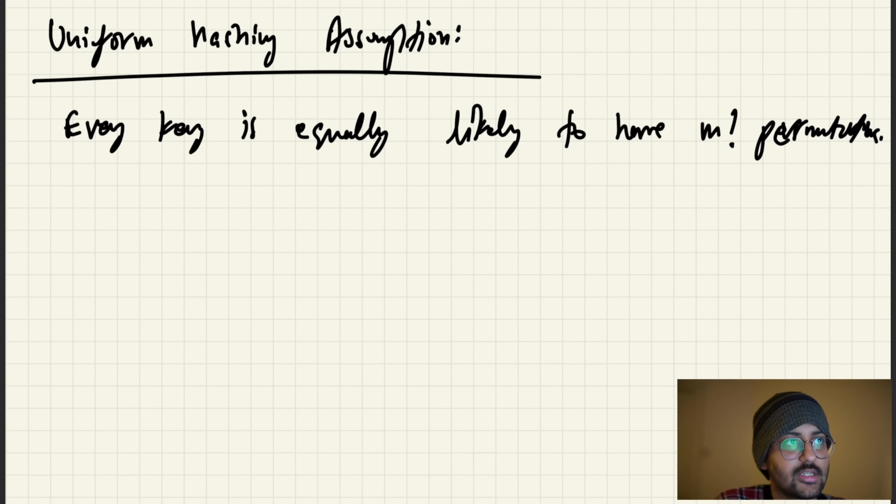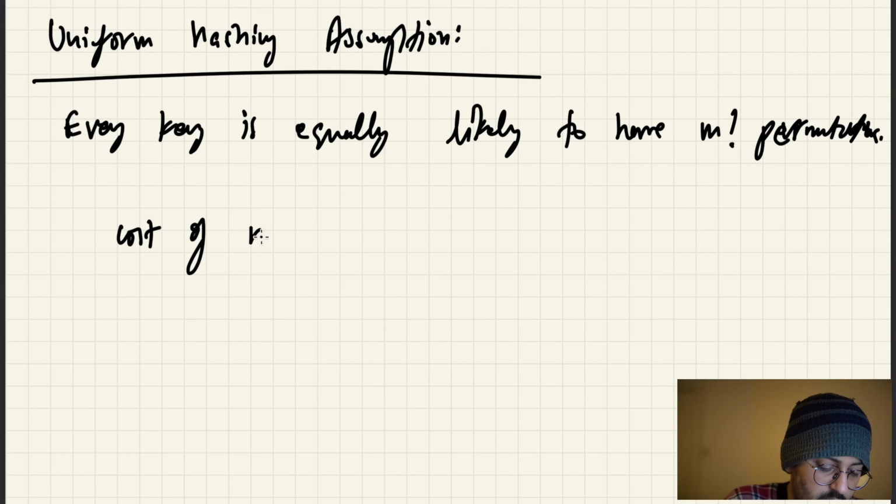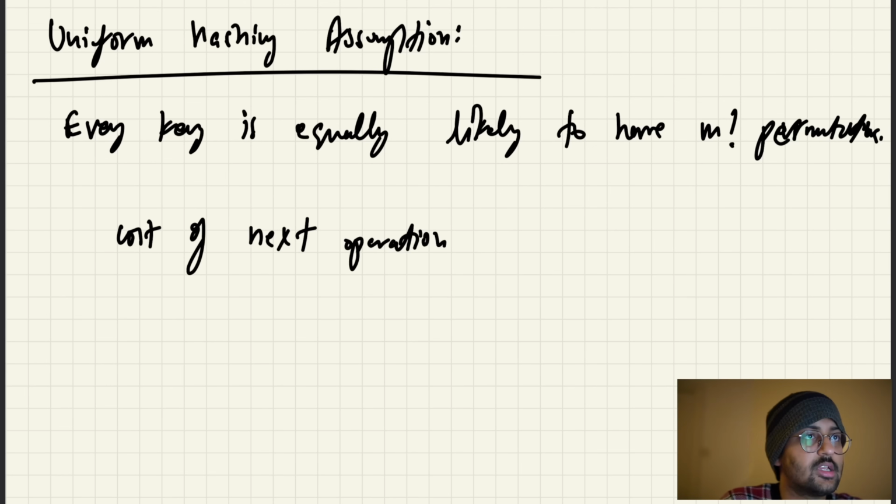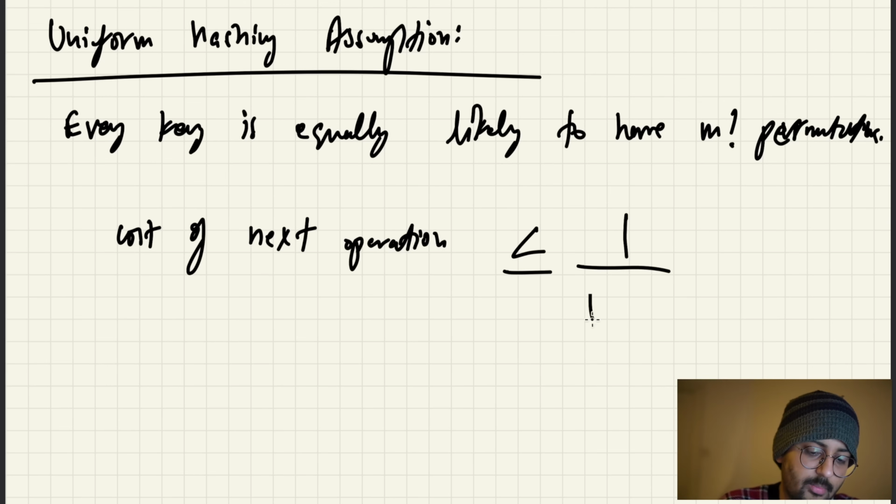Okay, so let's say you use open addressing to insert n items into a table of size m. So under the uniform hashing assumption, I can say that the cost of the next operation is going to be less than or equal to 1 upon 1 minus alpha.